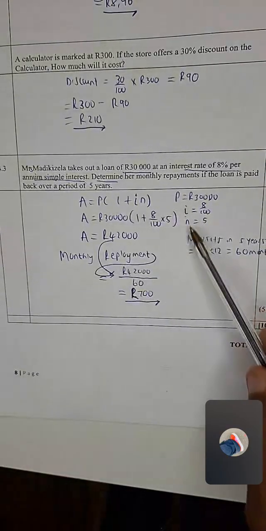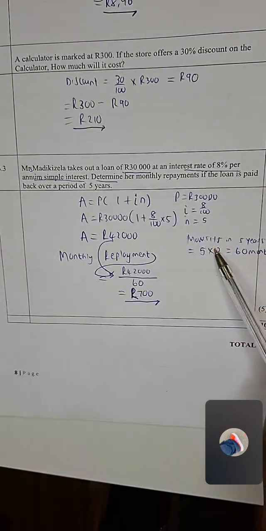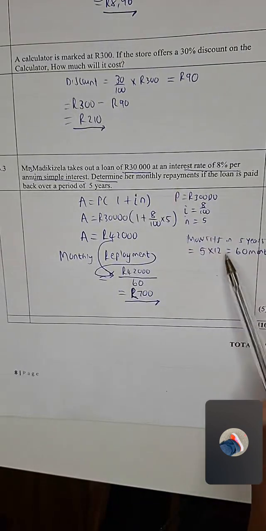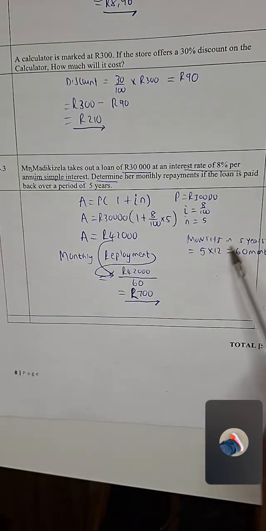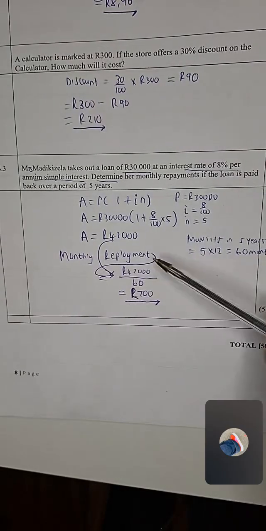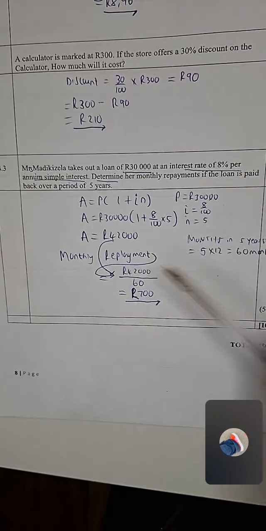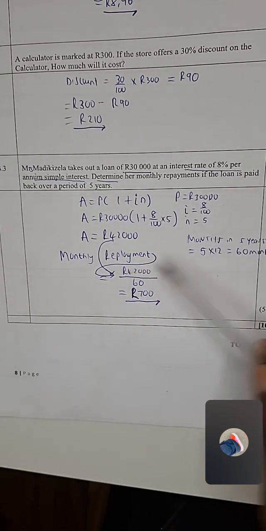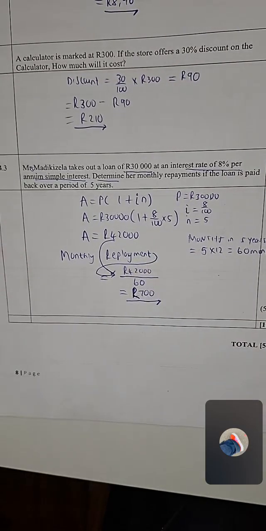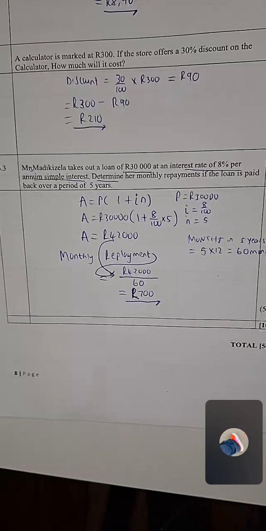So we had to take the number of years and multiply by the months that 5 years entails, which is 60 months. Then we take that 42,000, divide by 60, and we see that Ms. Matikuzela has to pay back 700 rand in order to pay back that loan within that 5-year period. 700 every month she needs to send to the financial institution where she took out that loan. Okay.